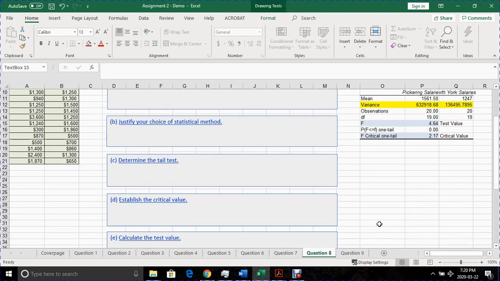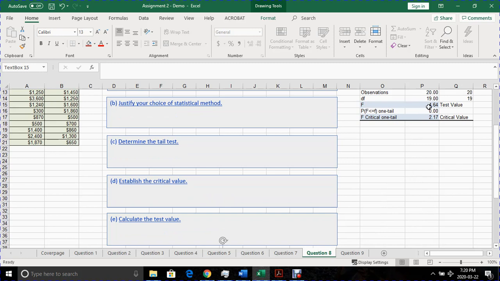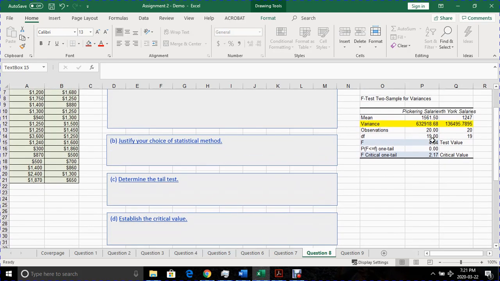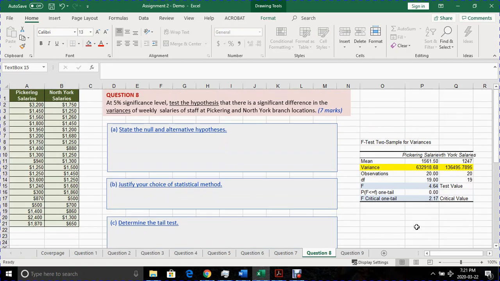The decision is that if the test value is more than the critical value, then we have to reject the null. That means the alternative is valid. In this case, yes, the test value of 4.64 is greater than the critical value of 2.17. As a result, the null will be rejected, and that makes the alternative hypothesis a valid statement, meaning that the two variances are not equal. There is a significant difference in the variances of the two salaries in the two locations.